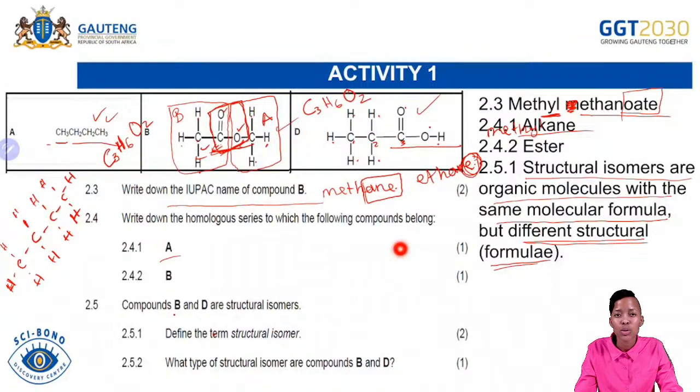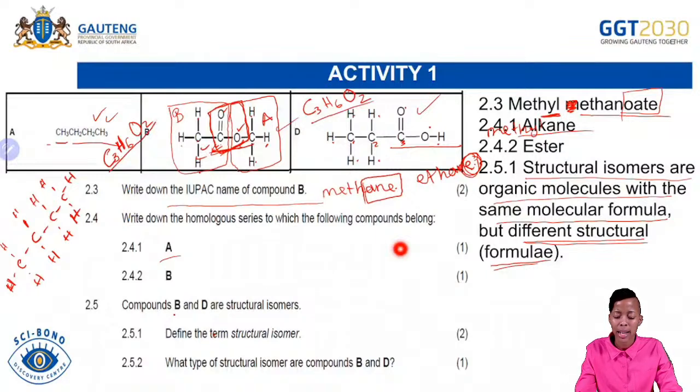We can see 2 oxygens. So according to the definition, it says same molecular formula. Look at the molecular formula of the ester, C3H6O2. Look at the molecular formula of the carboxylic acid, C3H6O2. So according to the definition, same molecular formula.